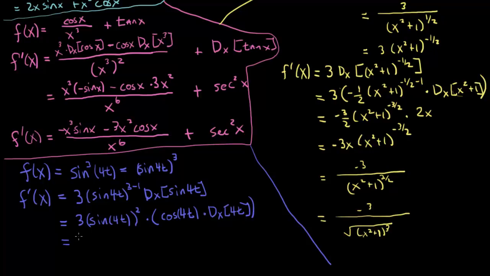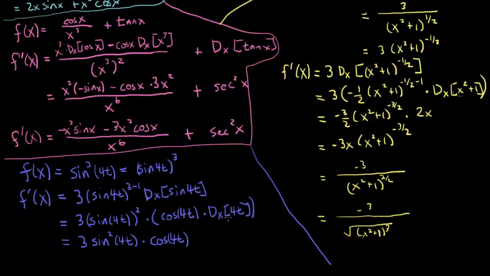Whew, this is a lot of stuff. So 3 times the sine. Now, sine of 4t squared, that's sine squared of 4t, times cosine of 4t, times the derivative of 4t, which if we remember the basic rules, we can factor the 4 out via the constant multiple rule.